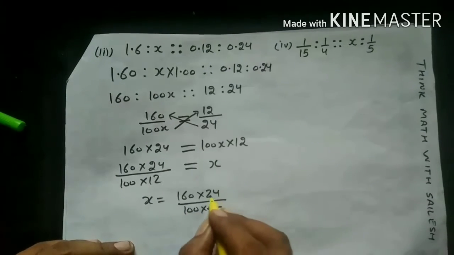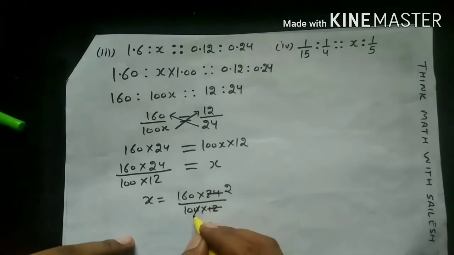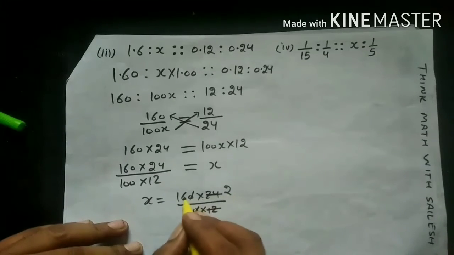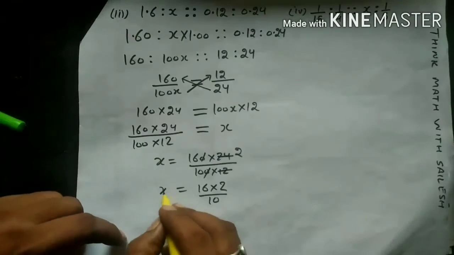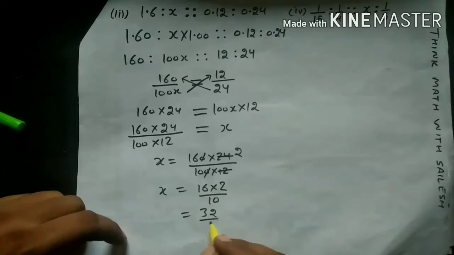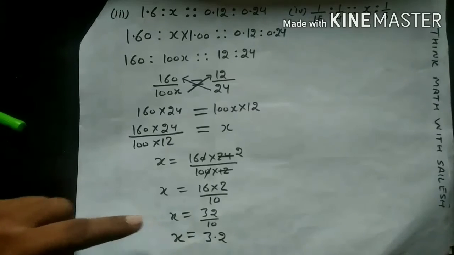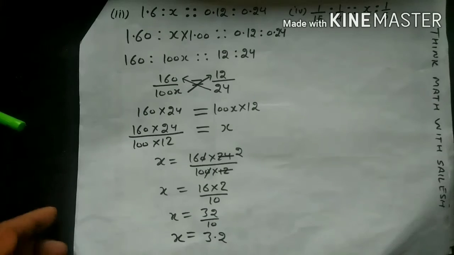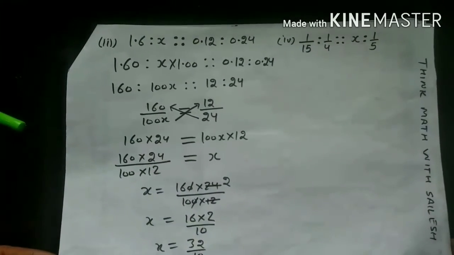Firstly 12 divides 24 two times, 12 twos are 24. 0 cancels with 0. And now 16 multiply 2 over 10, that is 32 divided by 10, which is 3.2. So in this way we get the answer for the third part.